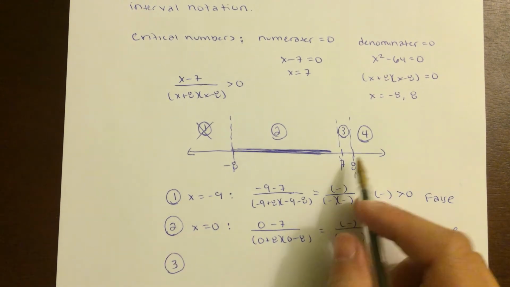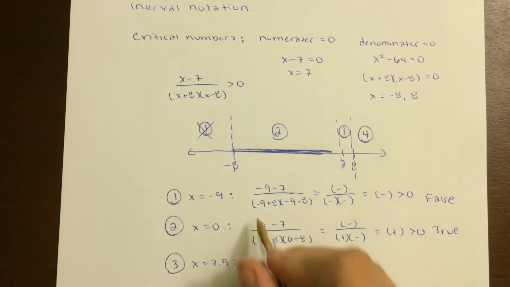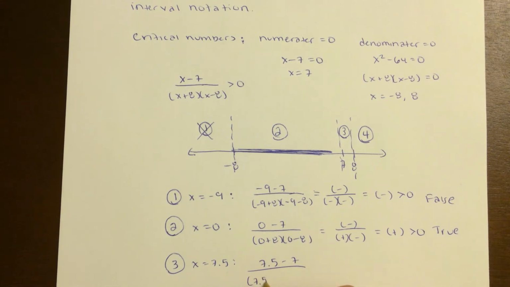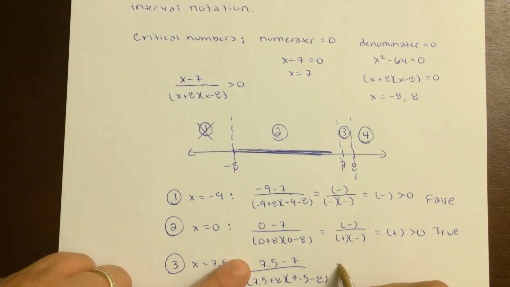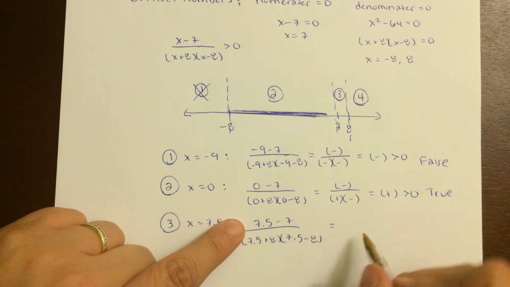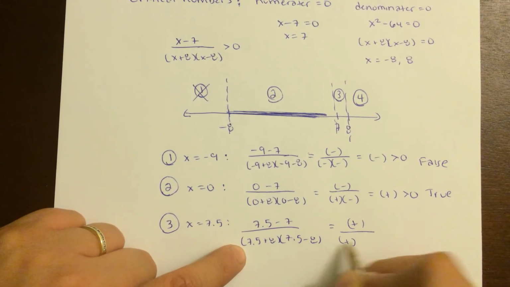Now, region 3, between 7 and 8. Well, 7.5 is probably the nicest number between 7 and 8, so that's what I'm going to plug in. And again, I'm not interested in the actual values. I just want to know whether it's positive or negative. So this is a positive, this is a positive, and that's a negative.